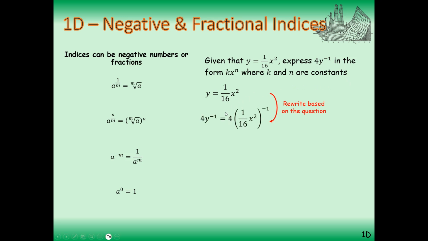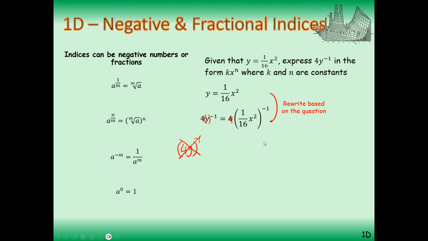The 4, notice, doesn't have a power of minus 1, because this index only belongs to y. If they wanted you to raise 4y to the power of minus 1, they would have told you to evaluate this expression. So that's not what we are doing. This 4 is outside the bracket that gets the power of minus 1.